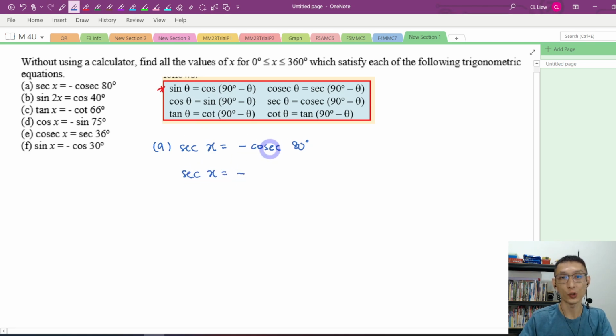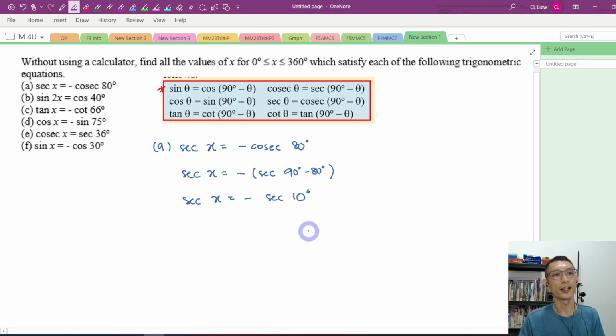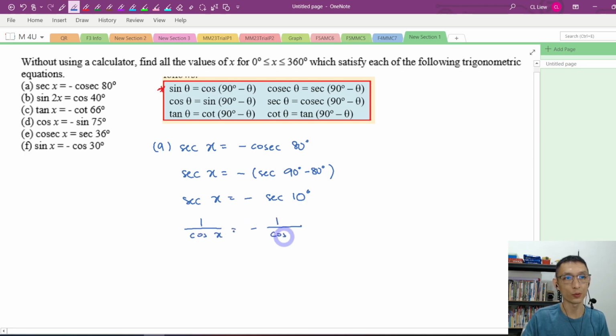Here I'm going to change the cosecant, so it becomes secant of 90 degrees minus 80 degrees, which is secant 10 degrees. Secant is equal to 1 over cosine, and this is negative 1 over cosine as well.